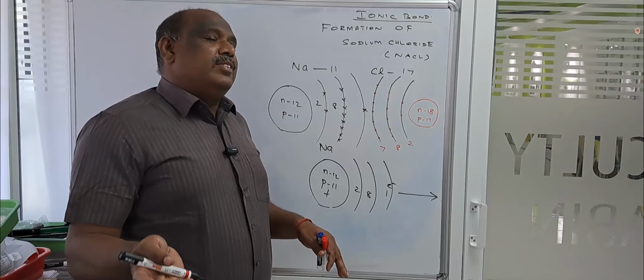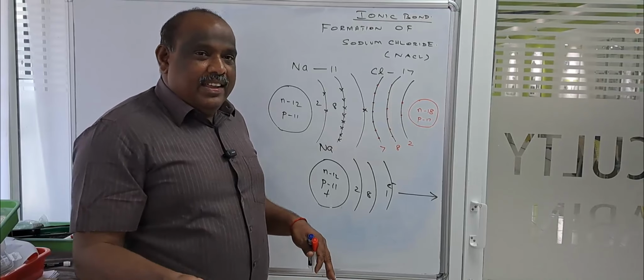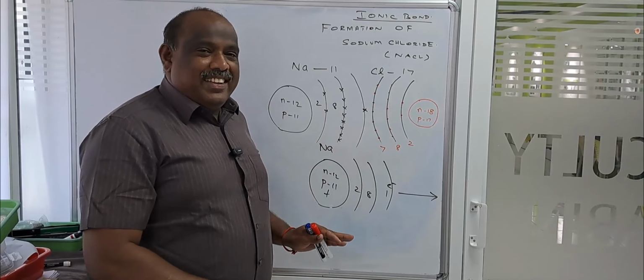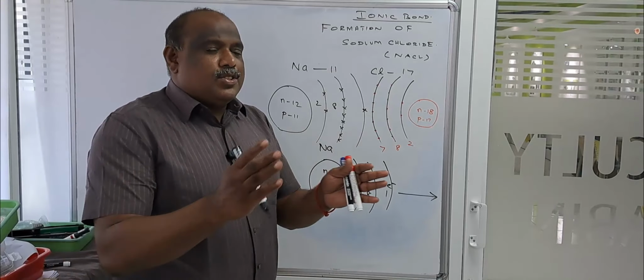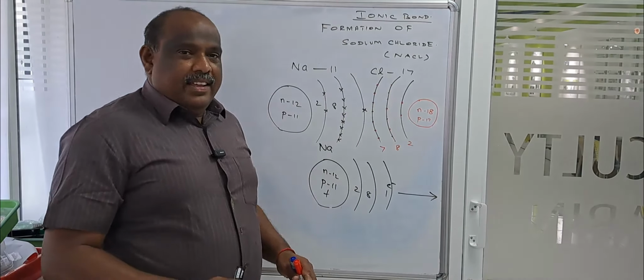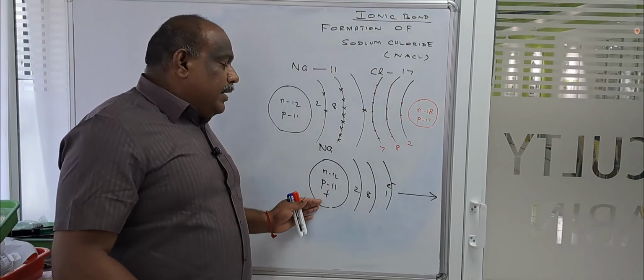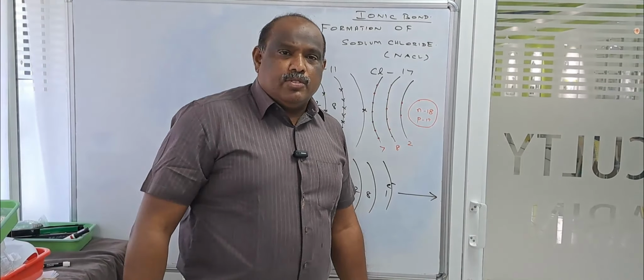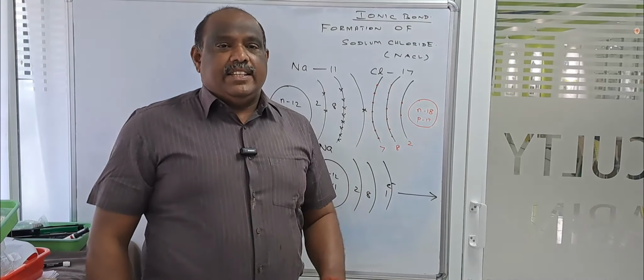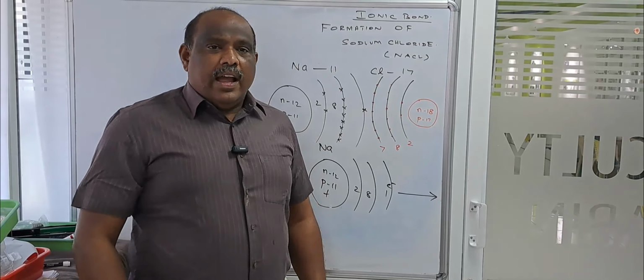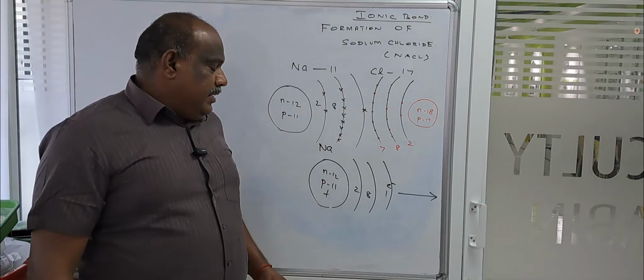It will become a configuration similar to neon. That's fine, but I am asking about sodium only. The intention is to become like neon. I agree. Now the neutral atom becomes an ion. So the energy that you are supplying is called ionization energy. I will repeat once again.